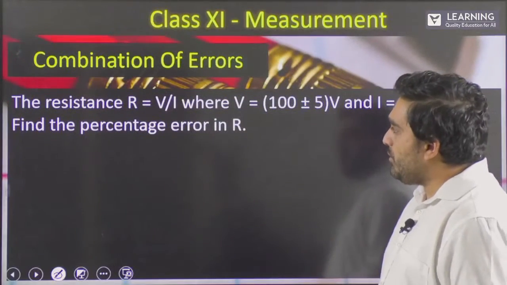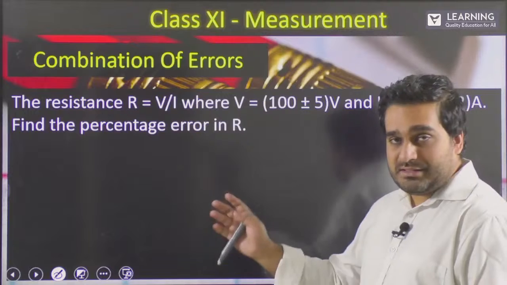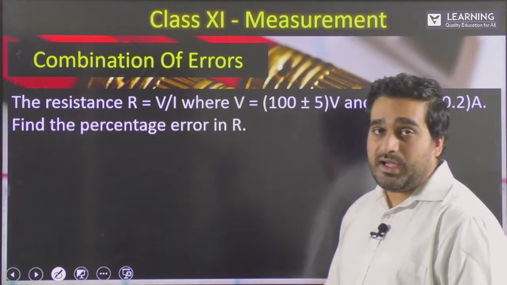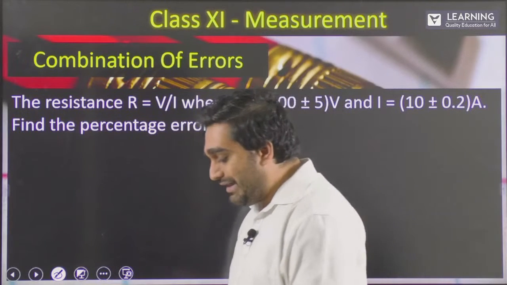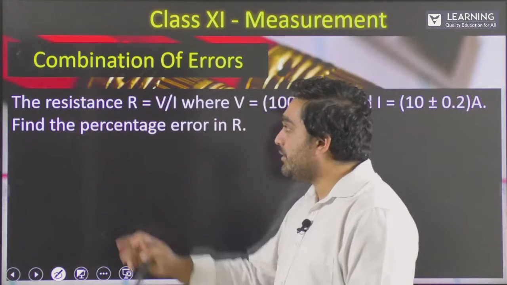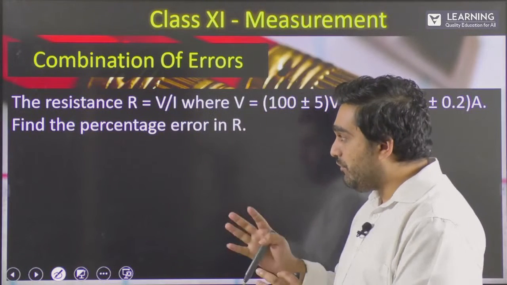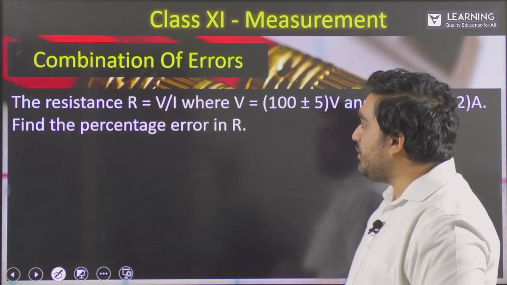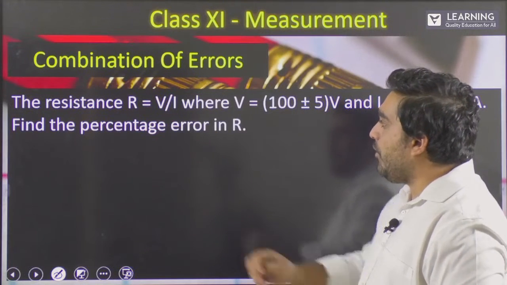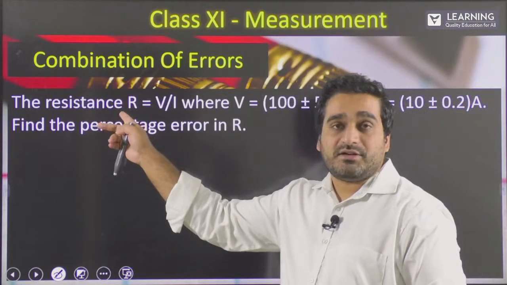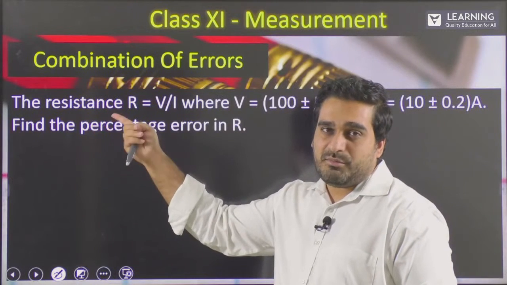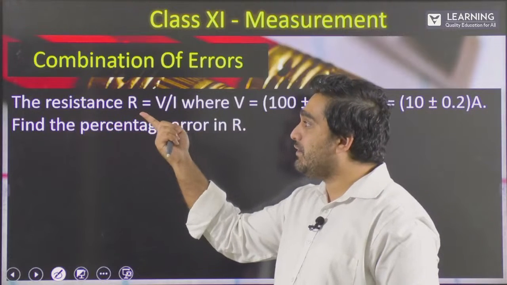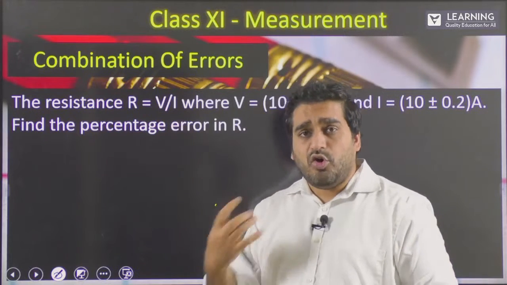So what better way to understand than an example? Let's take a look at an example where we have to multiply or divide given relative errors, where we have to find the combination of errors. Resistance R equals V by I. You might have learned this in your 10th standard or 9th standard. If I'm not mistaken, it has to be in 10th, where you learn Ohm's law.